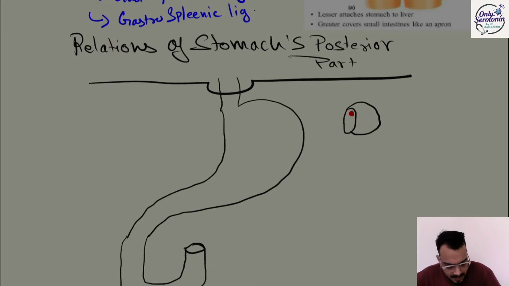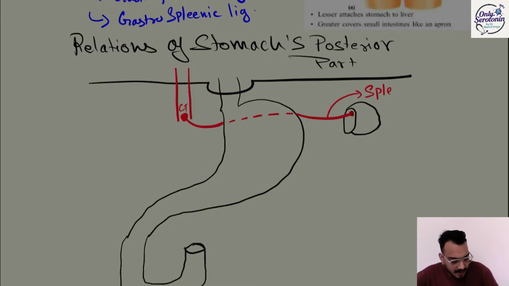Then the second thing is the last opening of my diaphragm, that is the aortic opening. From that aortic opening, I am going to have the celiac trunk, and from the celiac trunk, one artery is going posteriorly to the spleen. This artery is known as the splenic artery.